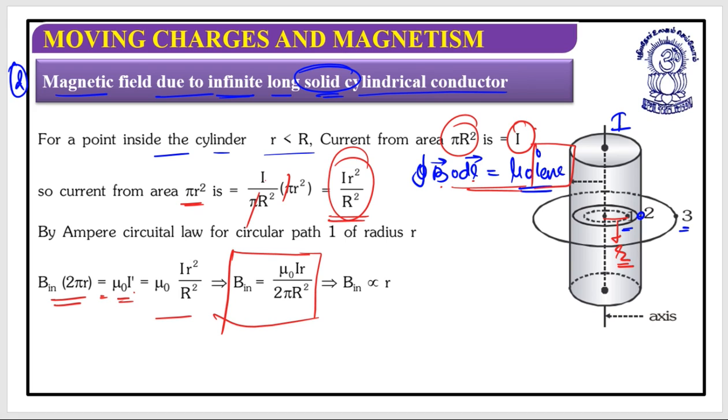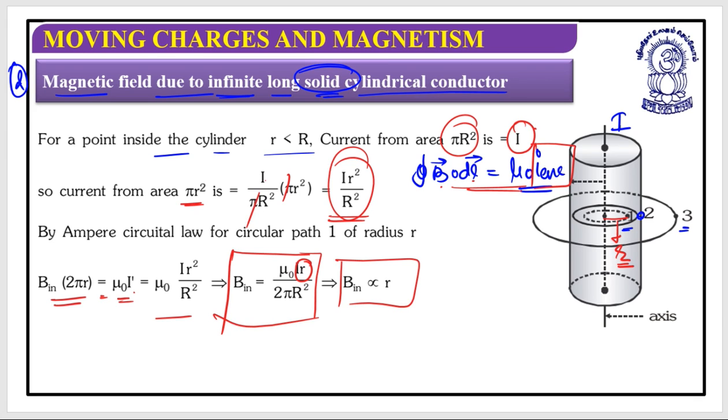Here r is the distance from the axis of the cylinder, so B inside is directly proportional to the distance from the axis. As you move from the axis to the surface, the magnetic field increases. I hope these things are clear.